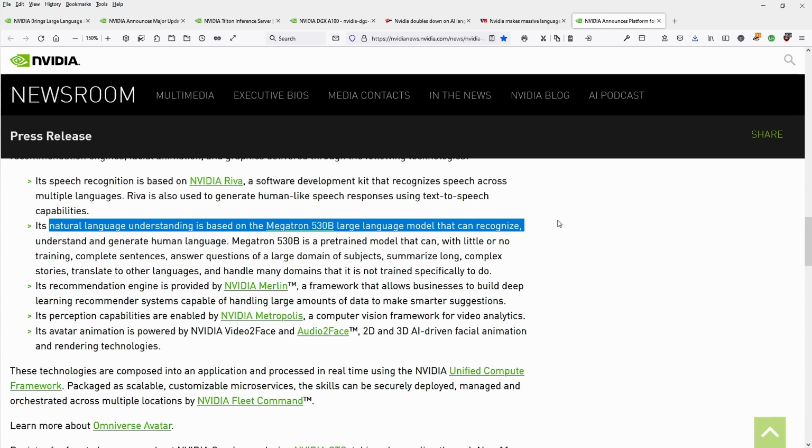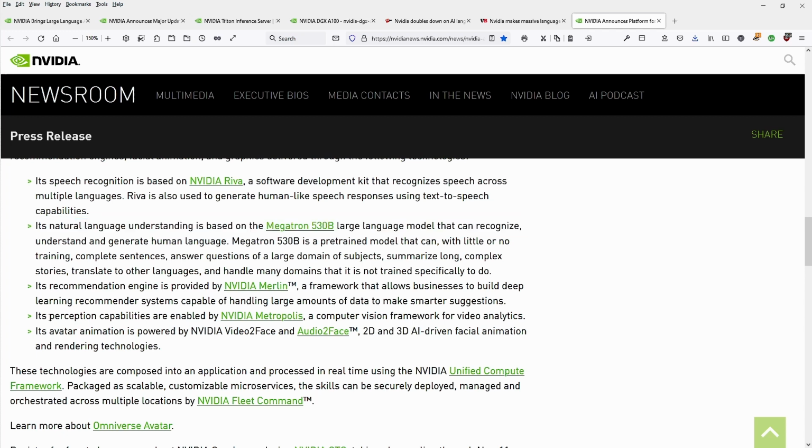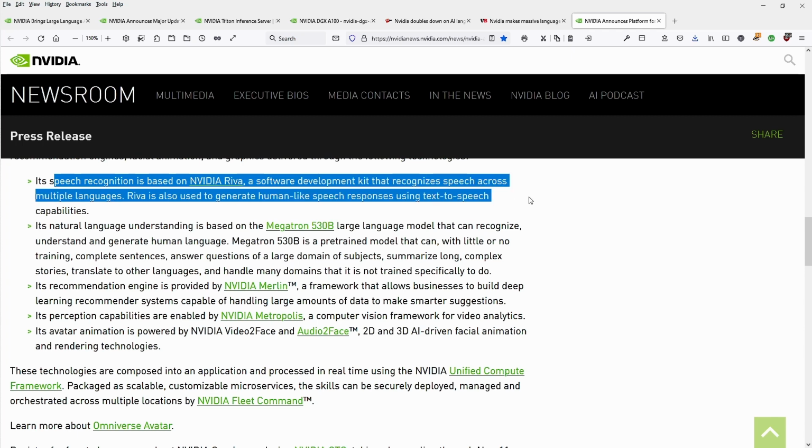And NVIDIA here is presenting us with another press release that they have significant components in their ecosystem, if you want. You have perception capabilities, a computer vision framework for video analytics, so they can record what a camera sees if you're standing in front of a desk, if you're having some interaction. Then you have, of course, the speech recognition system from NVIDIA.